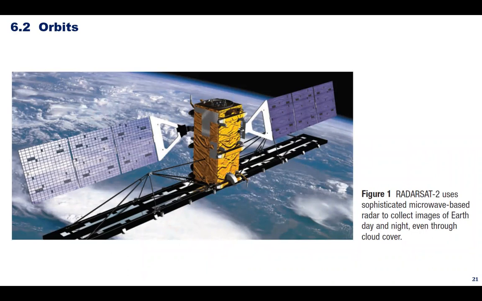These eyes in the skies peer down from orbit, capturing images and data that help scientists monitor environmental changes and the planet's natural resources. Examples of satellite monitoring include detecting oil spills, tracking ice movements, identifying ships at sea, and monitoring natural disasters. So here, this figure shows an image of the Radarsat 2.